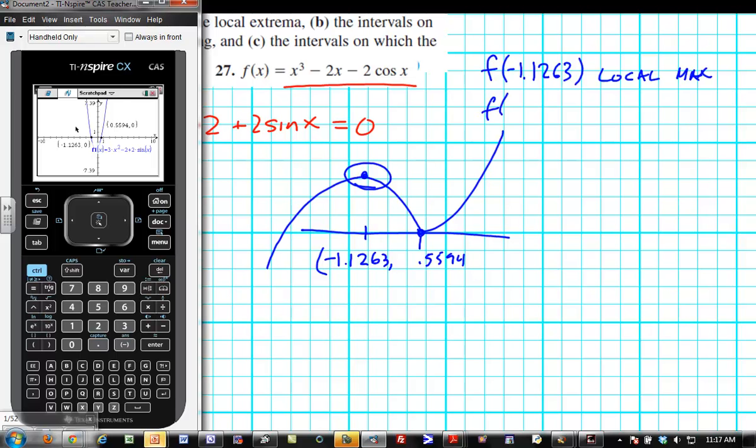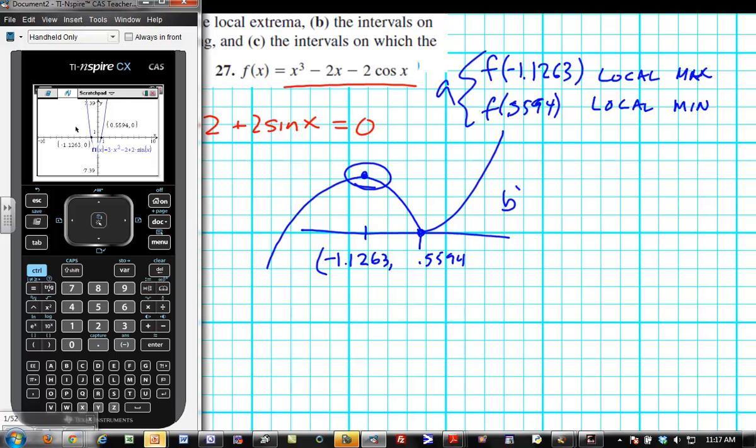And the value of the function at 0.5594 must be a local minimum. So there's our part A done.